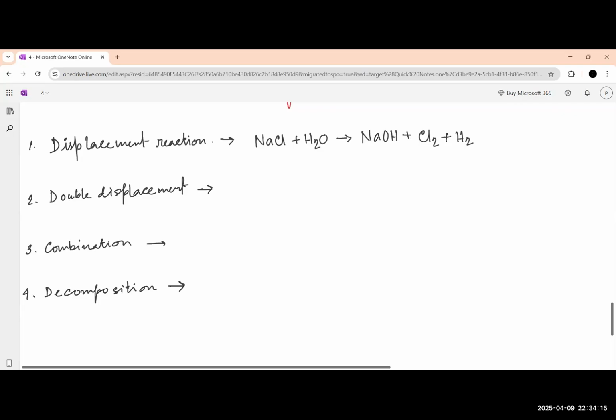Double displacement reaction. NaCl plus BaSO4 gives NaSO4 plus BaCl. Please say it again. NaCl plus BaSO4 gives NaSO4 plus BaCl.